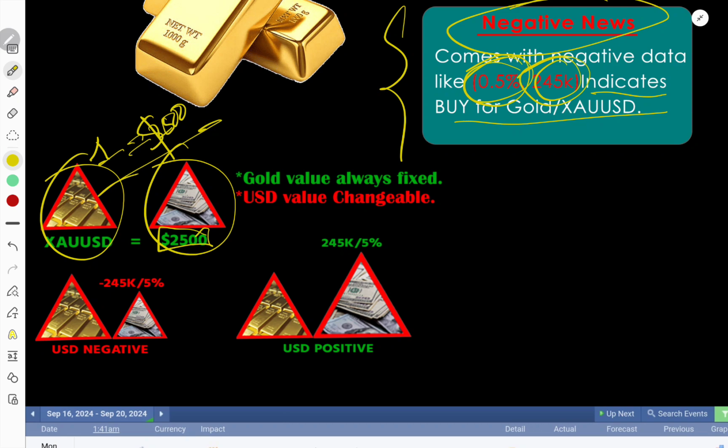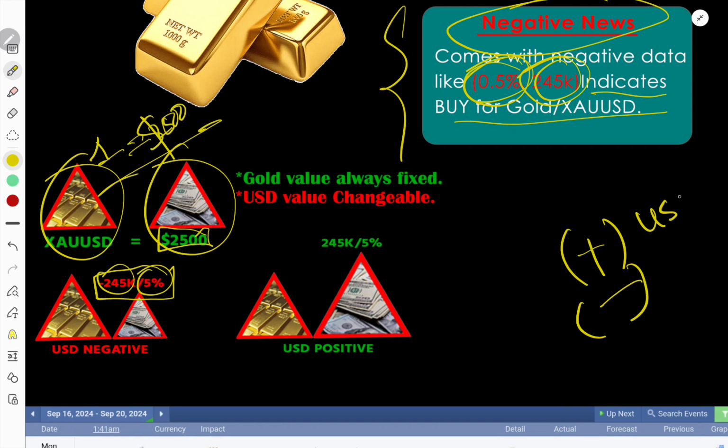So when USD news comes negative, that means the news data comes negative, minus 245k or 5% with red color value in Forex Factory. As you can see there, the dollar can lose or gain, as news always comes with a positive or negative value for USD.